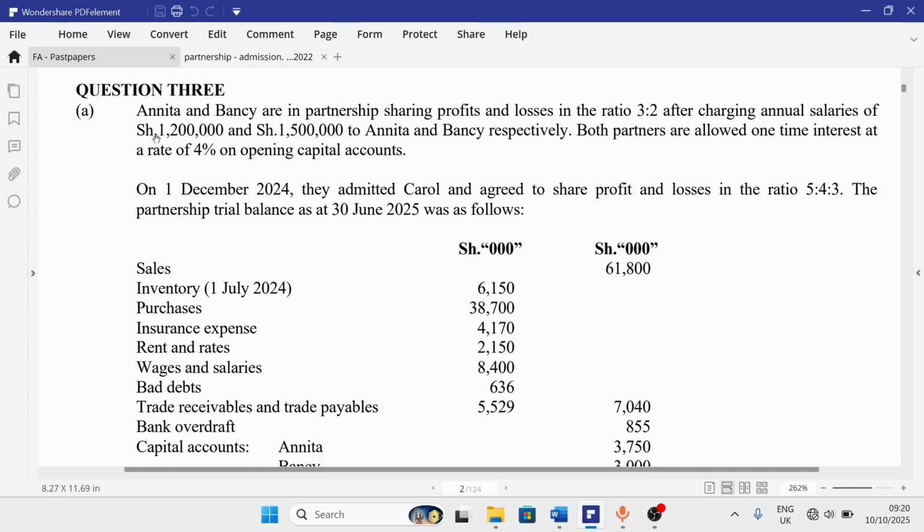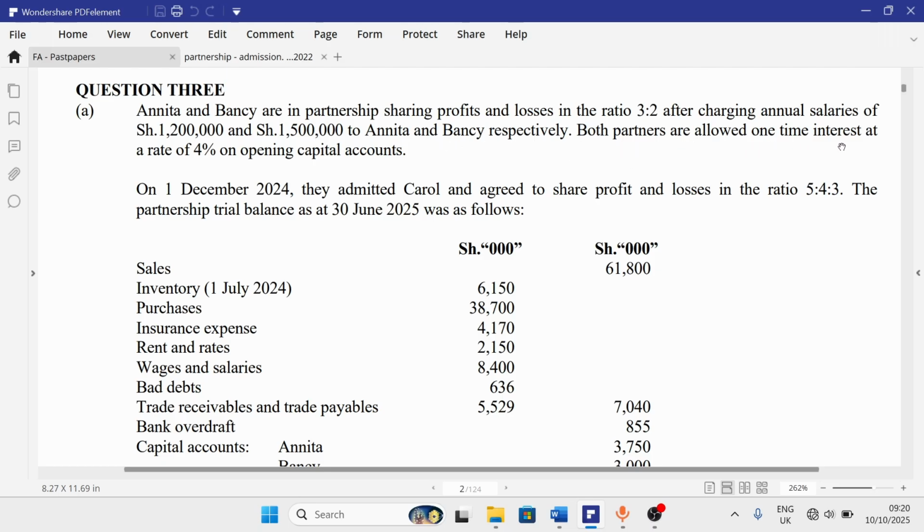So the question says, Anita and Banse are in partnership, sharing profits and losses in the ratio 3:2 after charging annual salaries of 1.2 million and 1.5 million to Anita and Banse respectively.